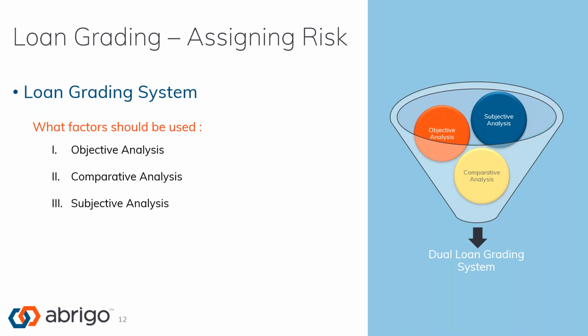So when we talk about loan grading systems or risk scoring matrices, there's a few things that they should all include. When I talk to clients about this, I talk about what I call a dual loan grading system, which is like the best of both worlds, right? We want a quantitative or an objective portion so that you can compare apples to apples. So if you're a commercial real estate property in St. Louis and this is your debt service coverage, I'm going to get a certain grade, right?